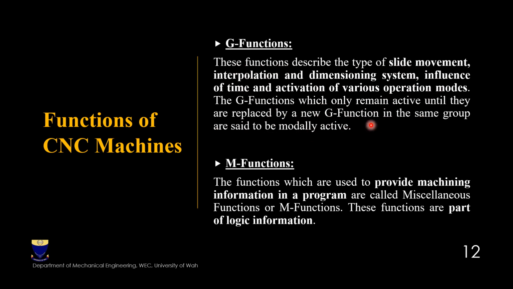As you can see, we have already known two G functions: the absolute dimensioning system G90, and the incremental dimensioning system G91. Others are like G40, G41, and G42, CRC cancellation and activation, left and right.